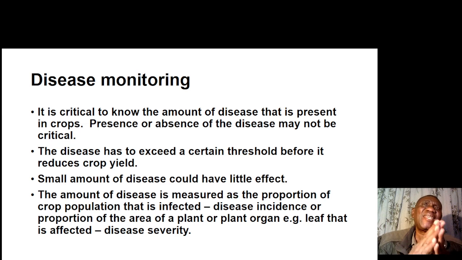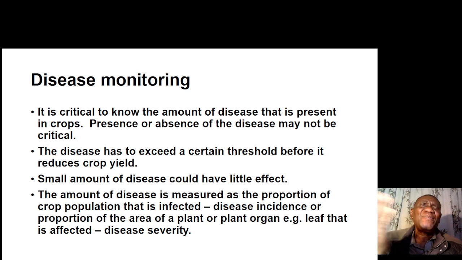But if we are looking at a specific plant, an individual plant, and we are looking at the proportion of the area of a plant or a plant organ with the disease, it could be the leaf which has been affected. That one is looking at disease severity.